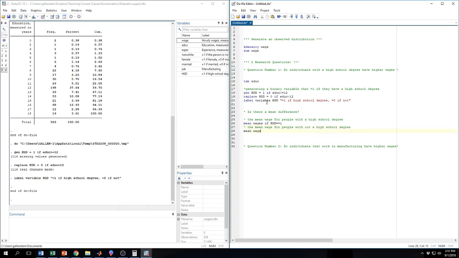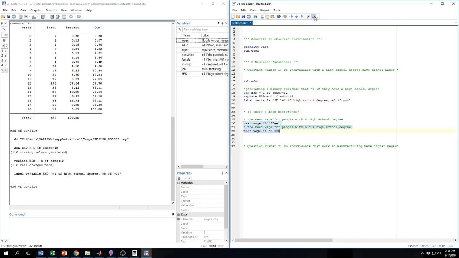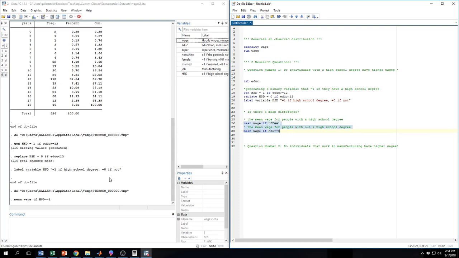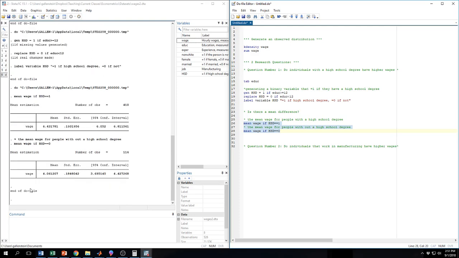Mean wages. Well, it's just wage, isn't it? There we go. Wage, if high school degree equals 0. All right, so then I'm going to highlight these two, and it's going to run. Let's see. What do we get? All right, here we go. This is the mean wage if high school degree equals 1.